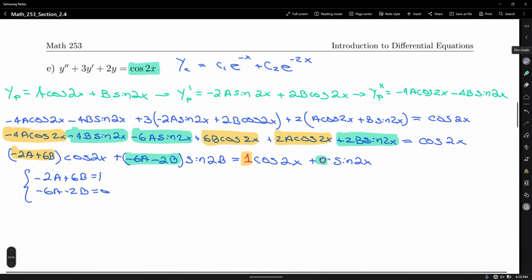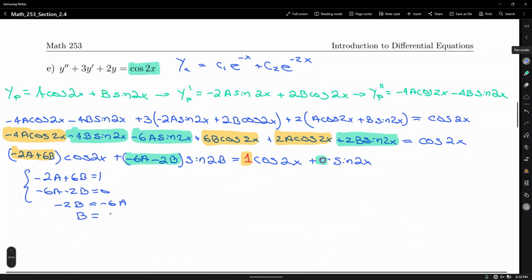However, the fact that we have the second equation equal to 0 is very useful to solve for b. Negative 2b equals negative 6a. Why am I solving for b and not for a? Because if I solve for a, I'm going to get a fraction, and I don't want a fraction, at least not now.